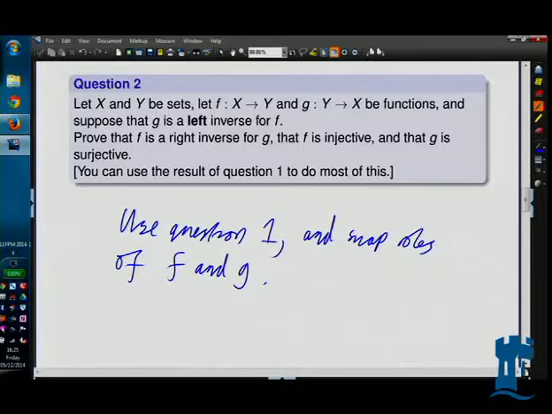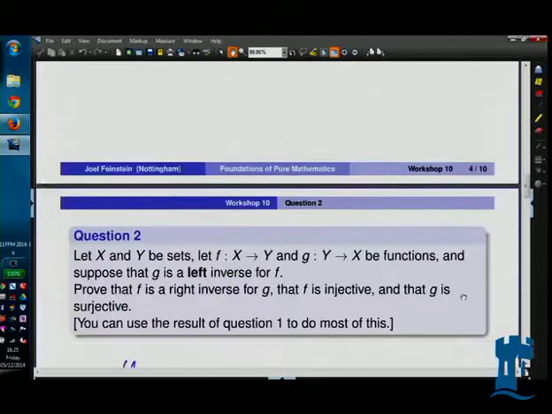The only thing you have to do is about the relationships between them. One being a left inverse of the other is the same as one being a right inverse of the other, but that's not a problem. So let me go back and do question 1.